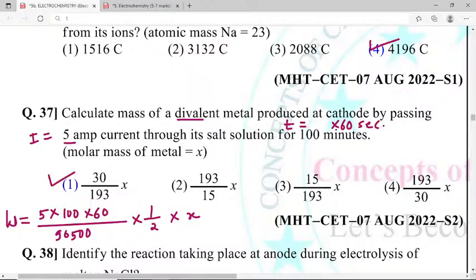This is 30 divided by 193, multiplied by X. I am using this formula here.